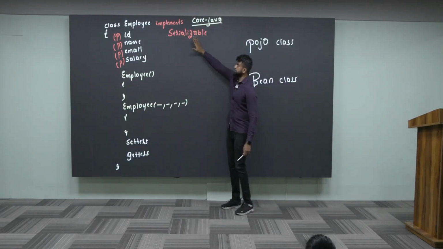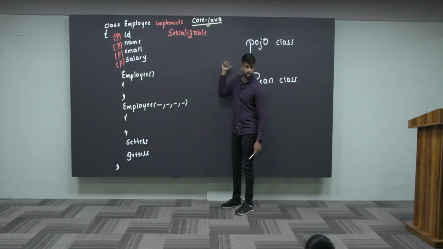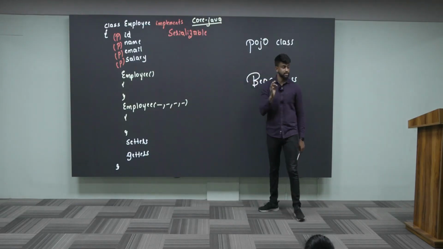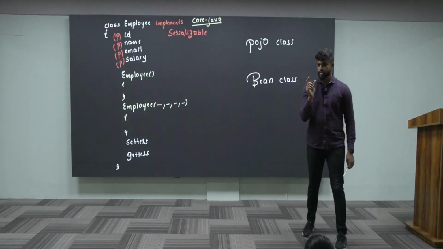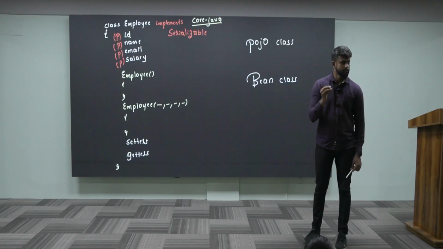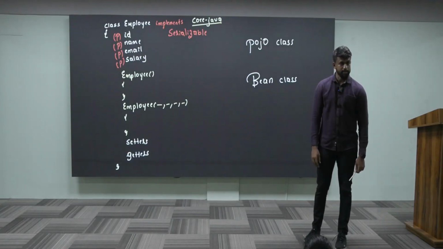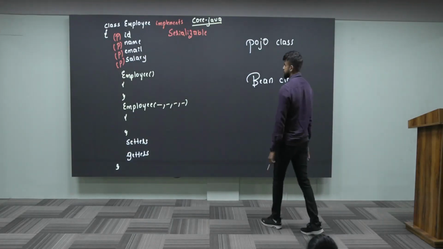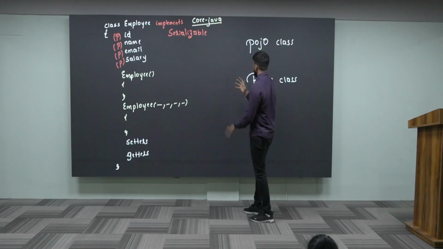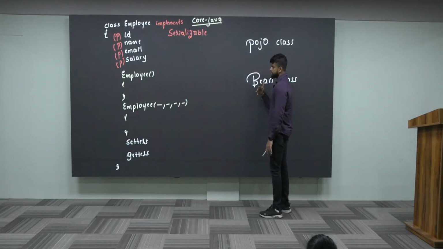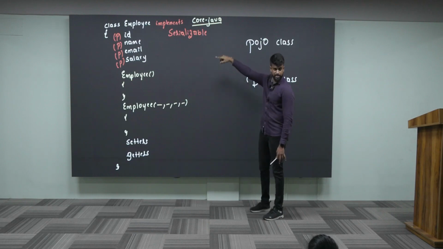If a class is not implementing Serializable, but has all of these members, it is known as a POJO class. That's the difference. A minute difference, and this will be asked in an interview as well. Understood? Great. So what your Spring will do is it will work a lot on the Bean class.